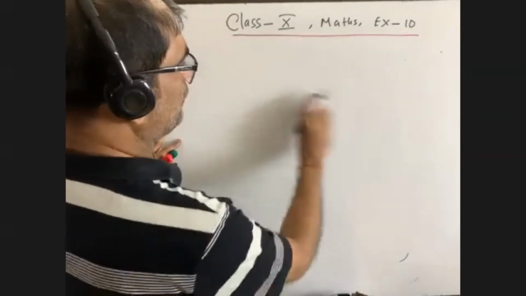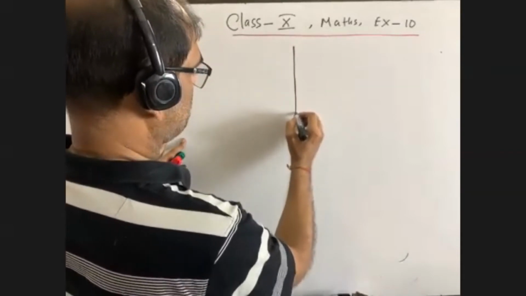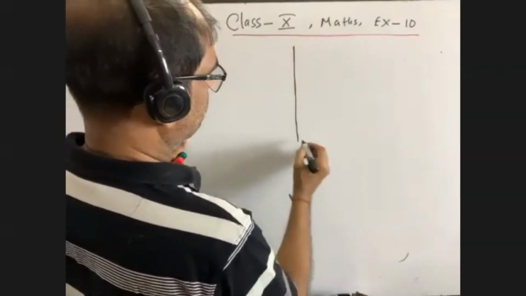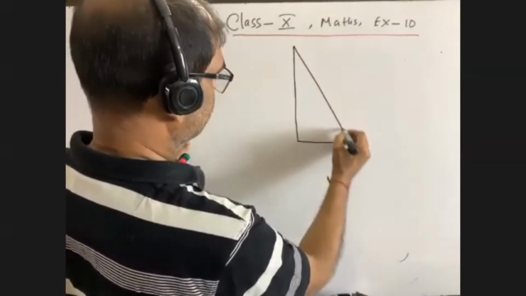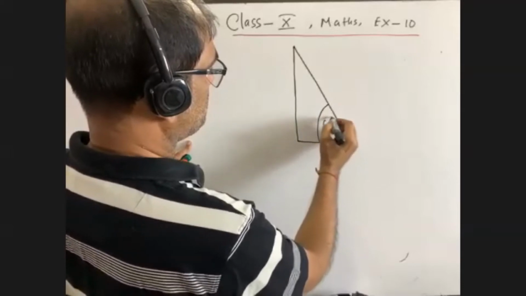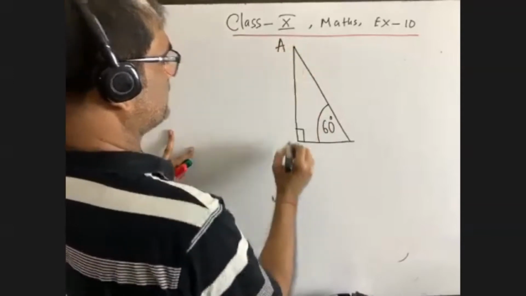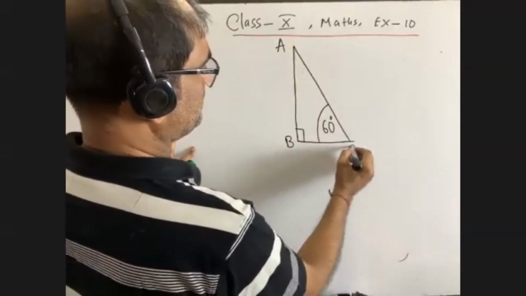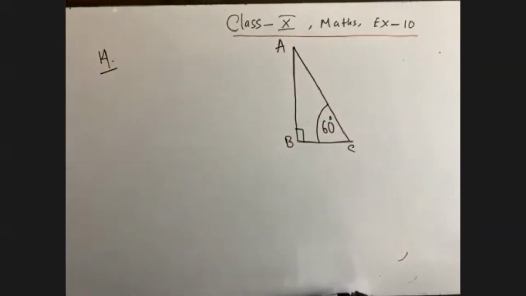All of you are required to see. This is a tower. Suppose this is 60 degrees. It is A, it is B, it is C. It is given 60 degrees.